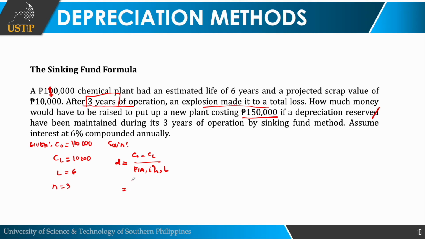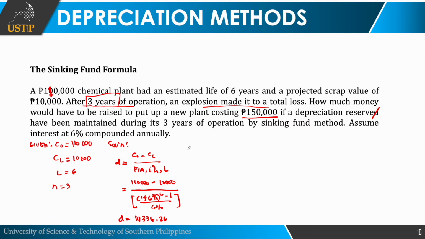So that is 110,000 minus 10,000 over (1 plus 6%) raised to 6 minus 1 over 6%. Okay, we have an annual cost of depreciation equivalent to 14,336.26. Okay, if I made any mistakes in solving here, just let me know.